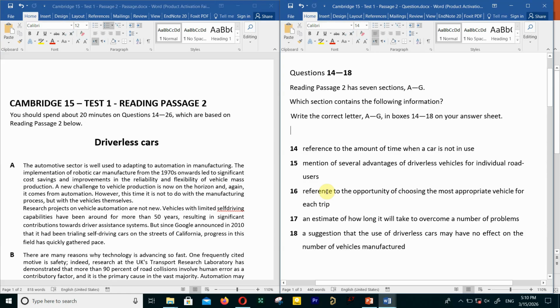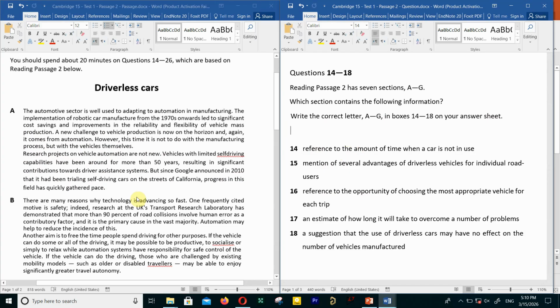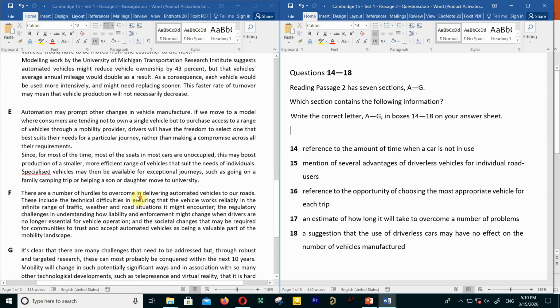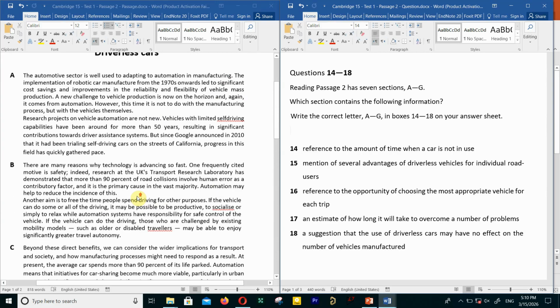My method is that I'm going to try to highlight the keywords in these questions, and then go through each paragraph, but I'm not going to spend too much time because paragraphs are not really short. They are long and it's going to take so much time.